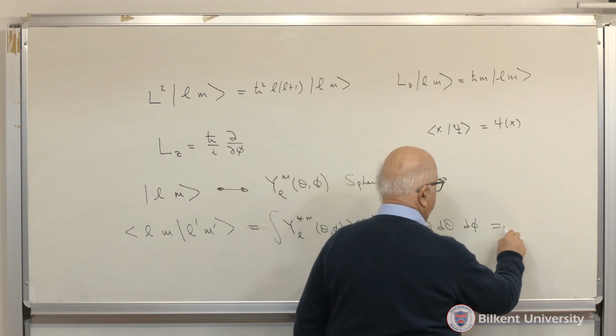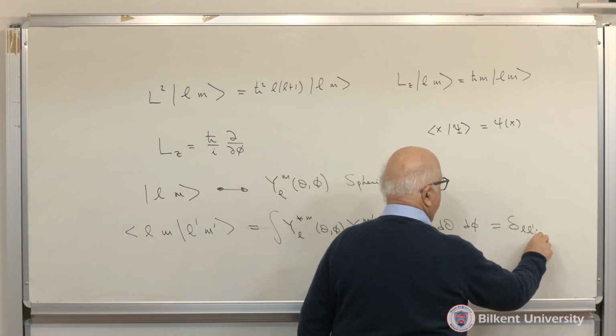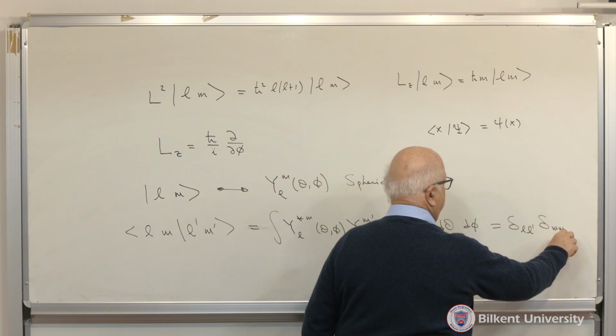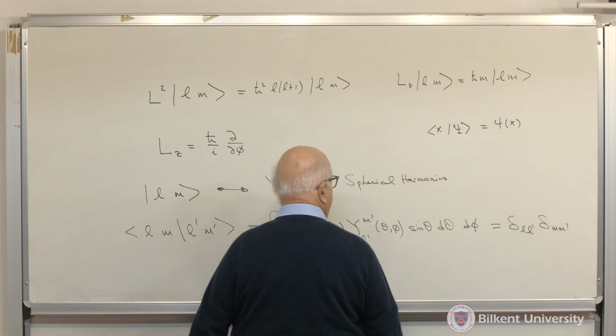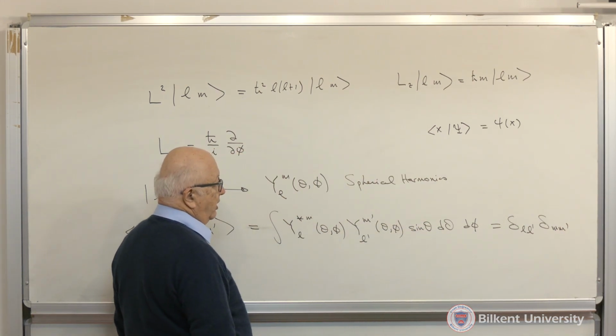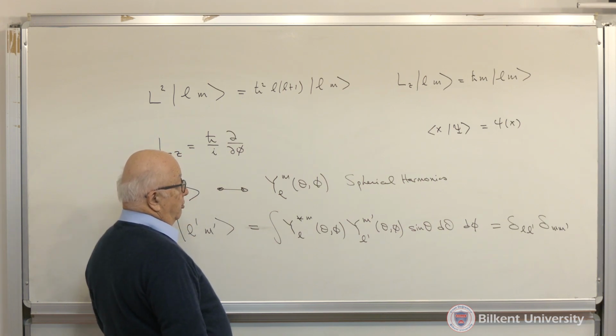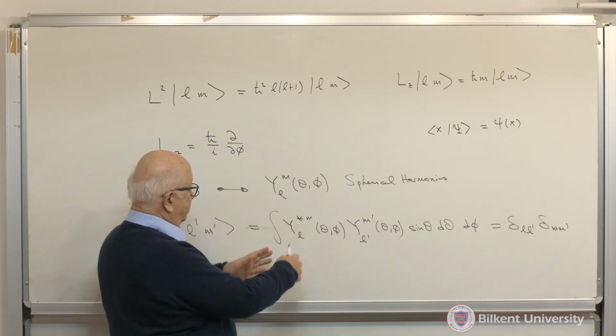Due to orthogonality, this gives me delta l l' delta m m'. So that's a property of these functions, and that's not obviously surprising.